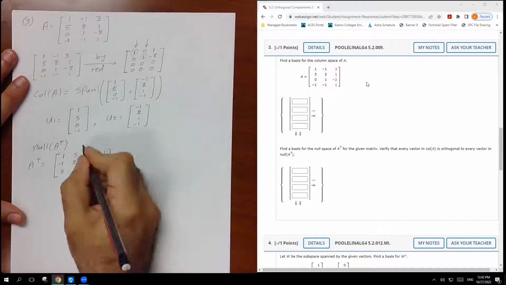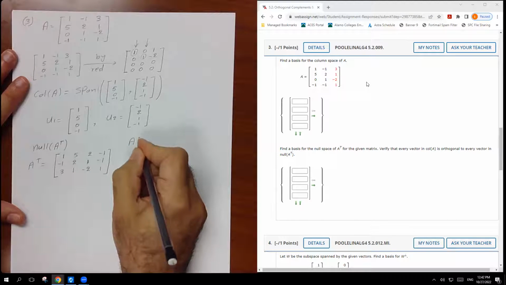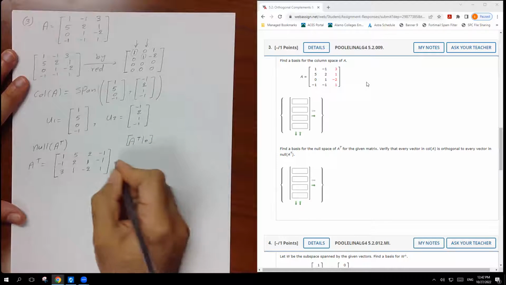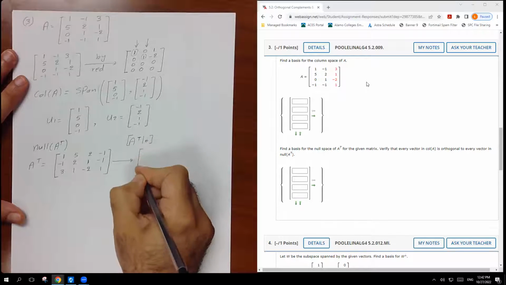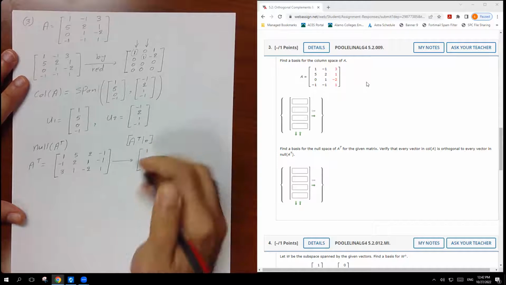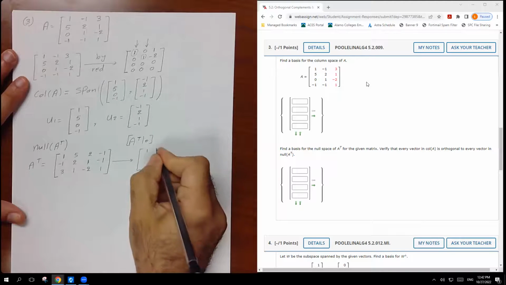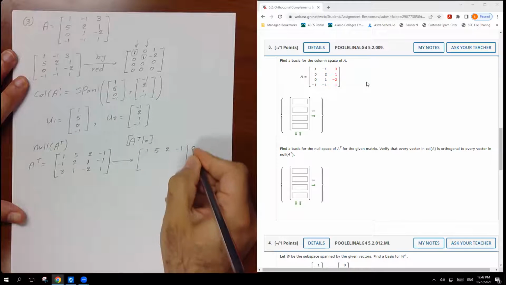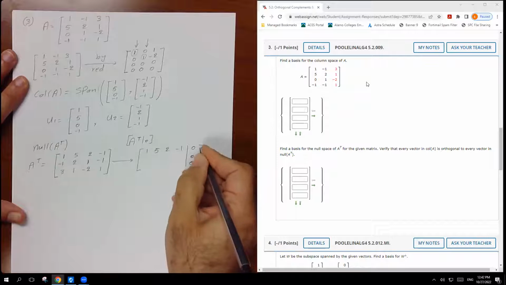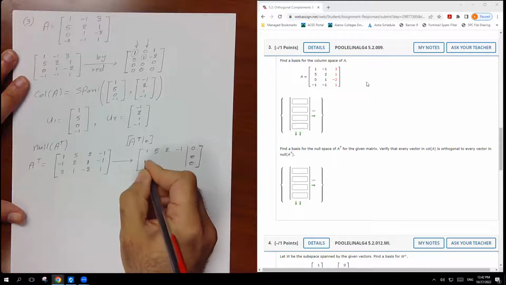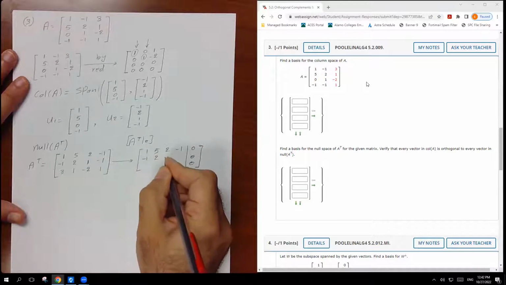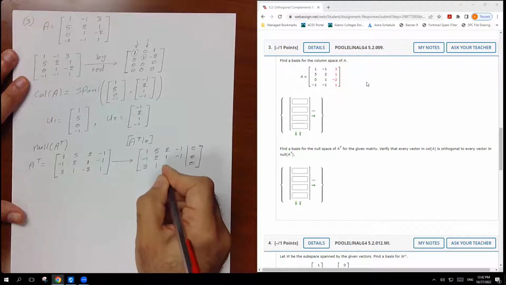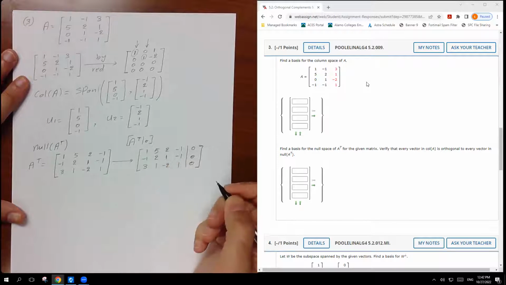Now let's work on A transpose, because the null space is the solution. That means A transpose, which is 1, 5, 2, -1, 0, and the second one is -1, 2, 1, -1, and the third one is 3, 1, -2, and 1.